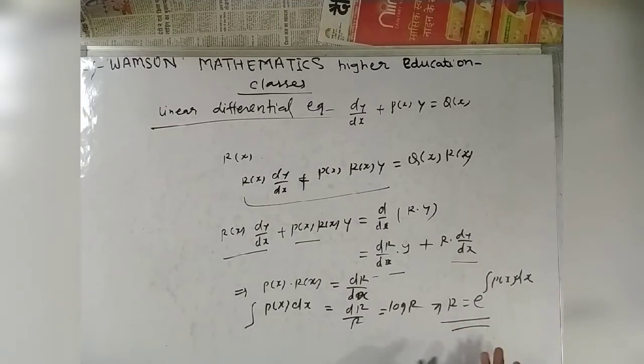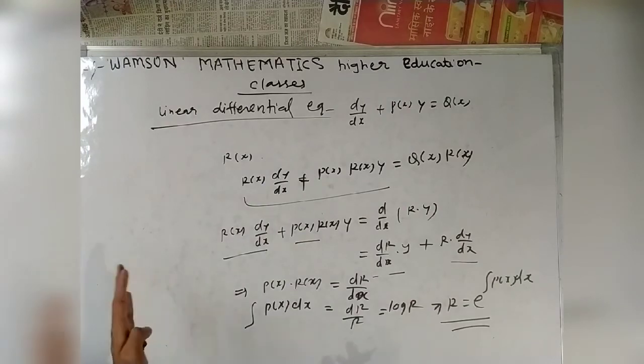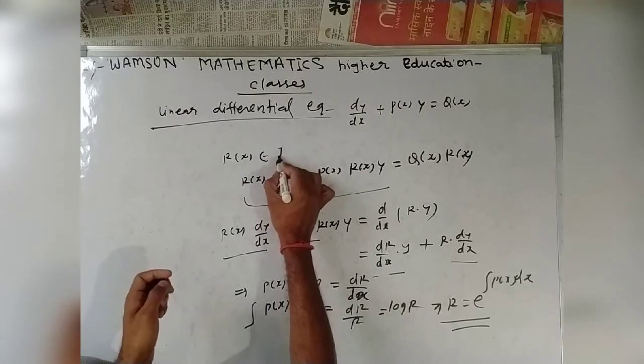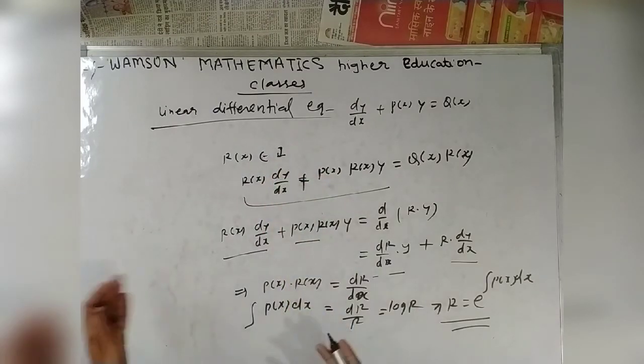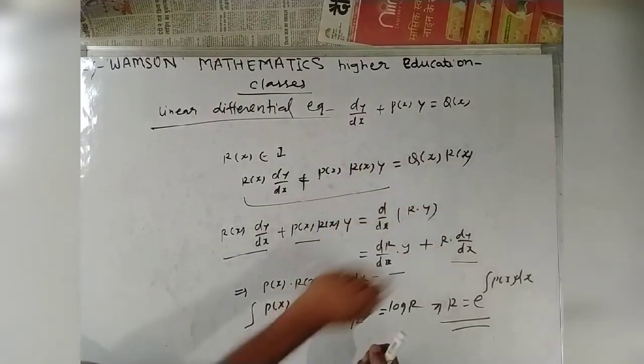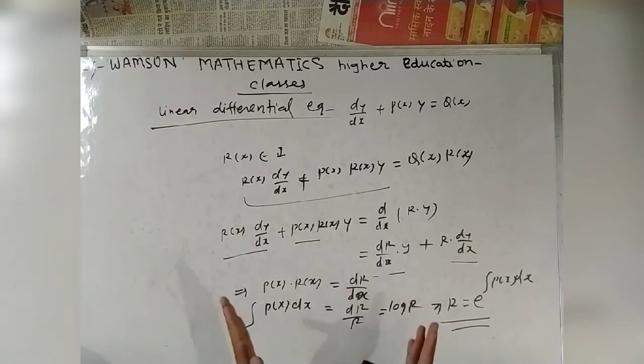So we can easily find r. r is a multiplier which is chosen here, continuous in some interval.